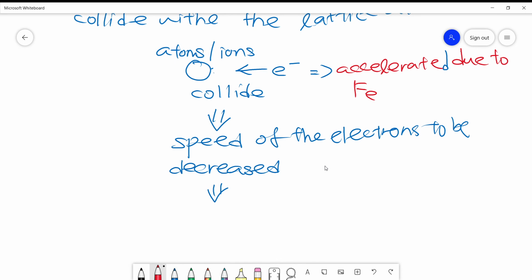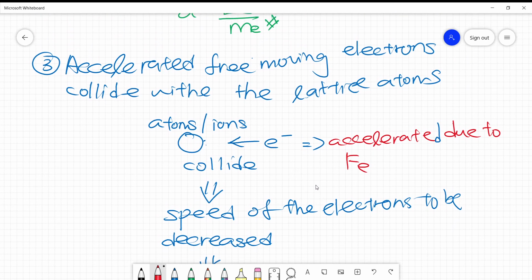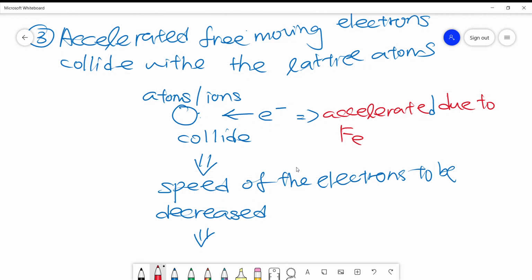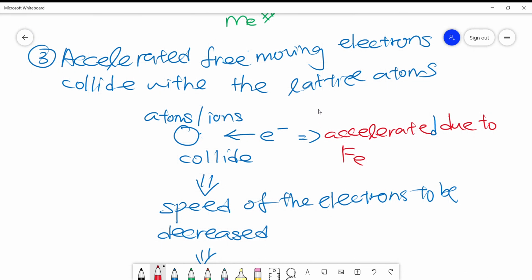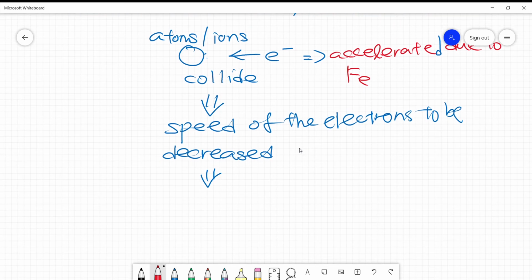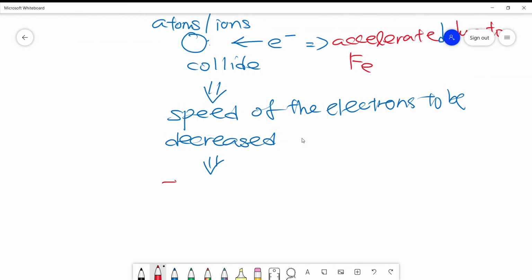So I just briefly describe the process. I'll write the description later. So when the speed of the electron decreases, this creates the net velocity.